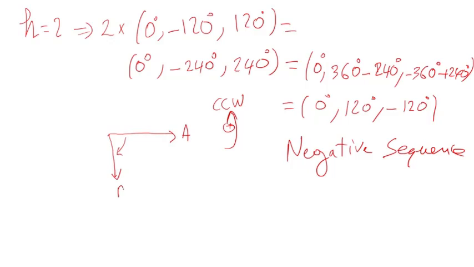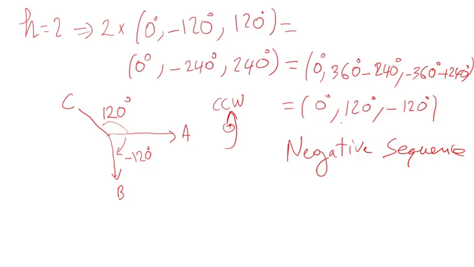Phase B is lagging, so it's minus 120 degrees. And phase C would be 120 degrees. So A is the reference, it's at 0 degrees. B is lagging by 120 degrees, and C is leading by 120. So that's positive sequence.